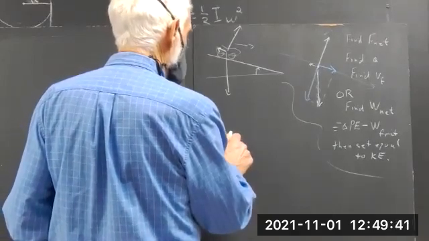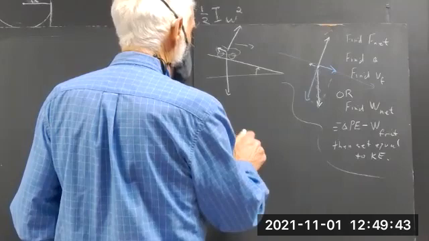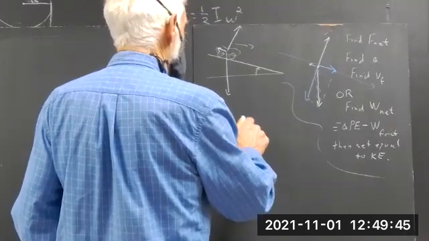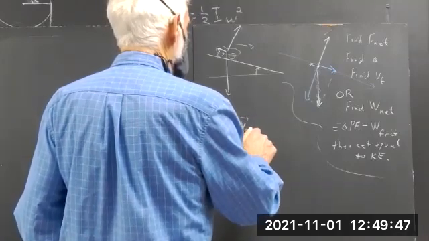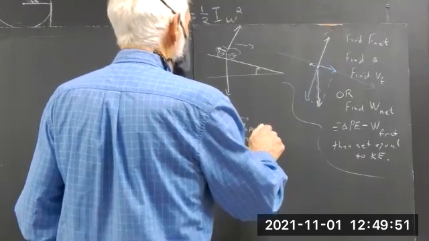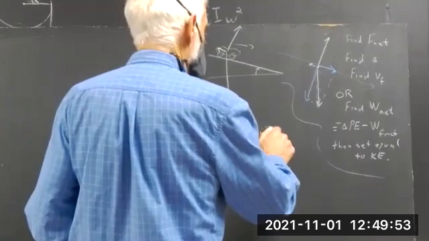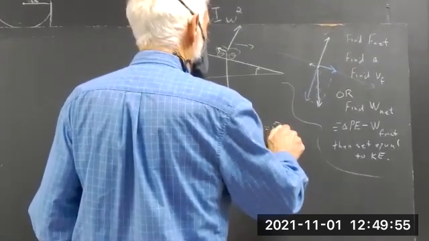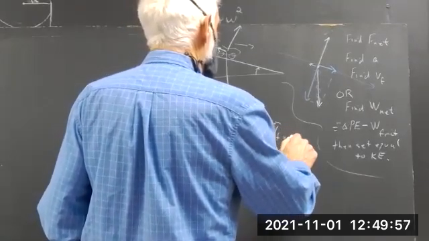Then you get down here. Now you have, let's say, V naught for the projectile equals VF on the ramp.